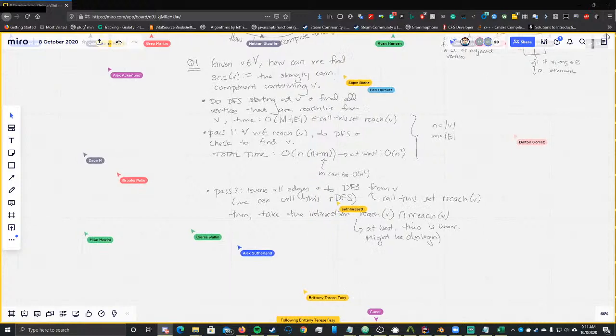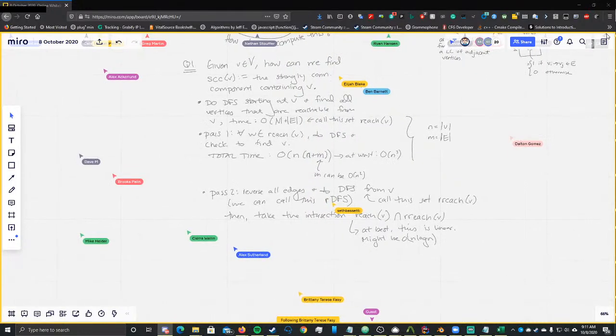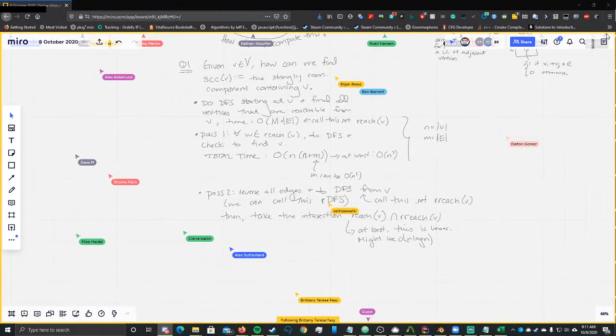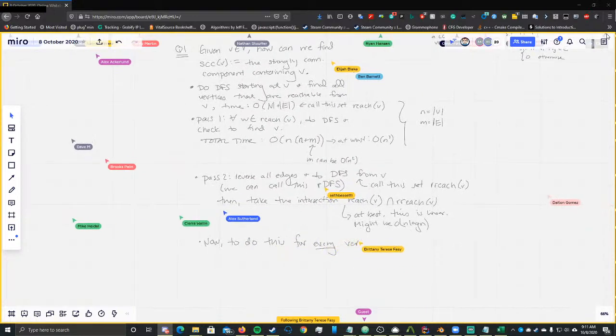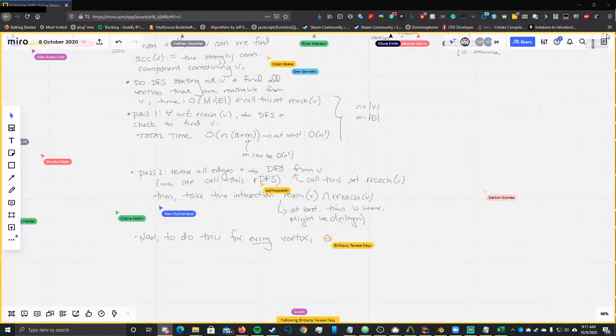But even if we can do this in linear time, now to do this for every vertex, right, we get theta of n squared plus n.